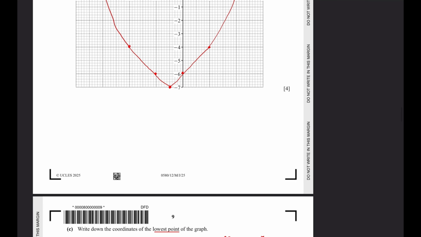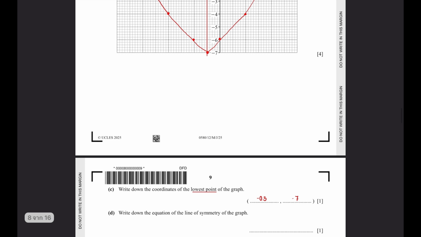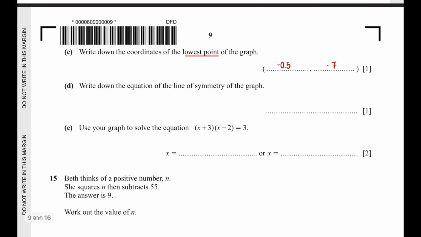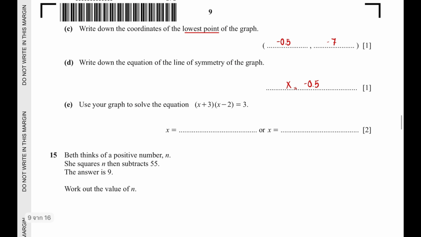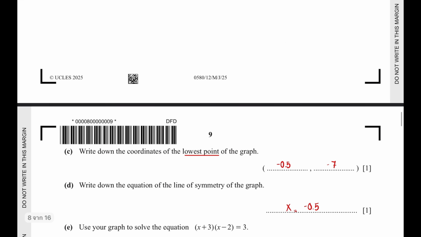The line of symmetry is this line. So it is x equal to negative of 0.5.